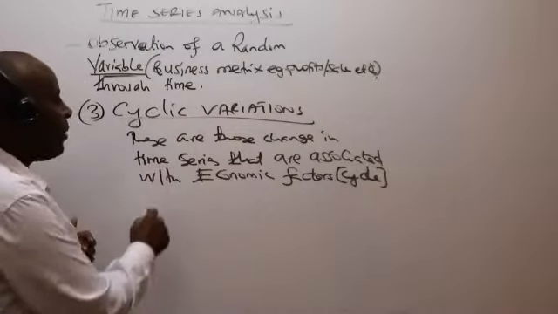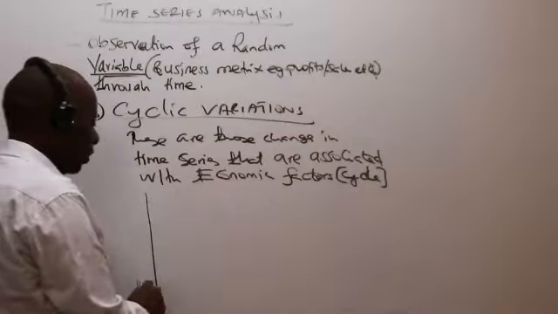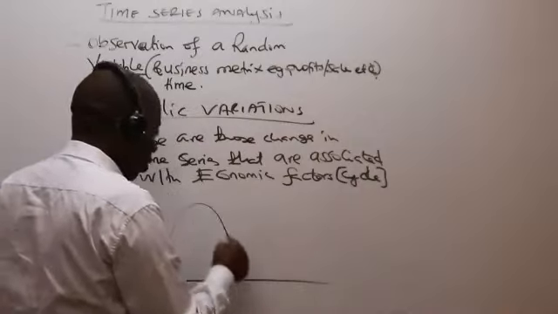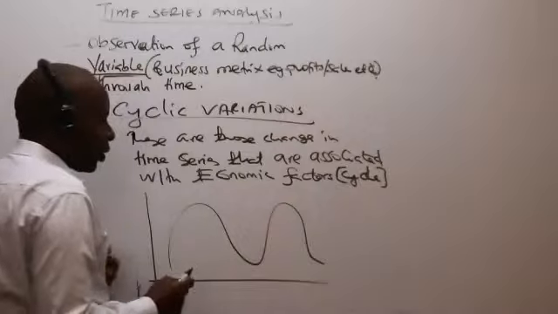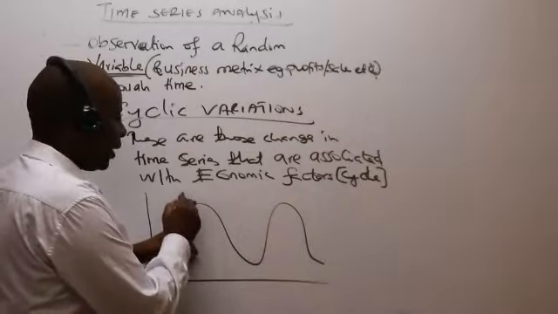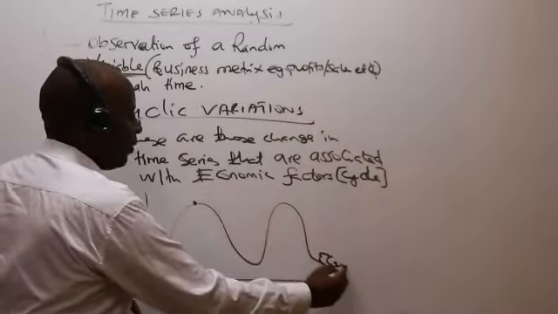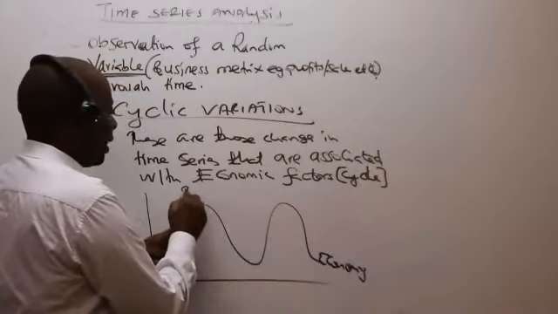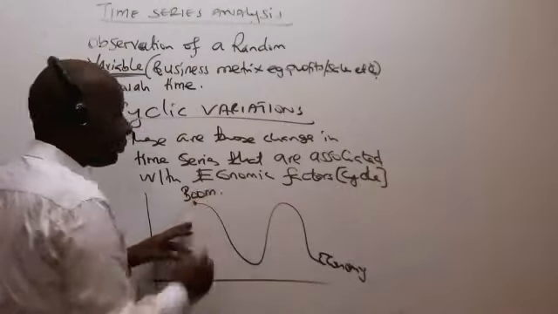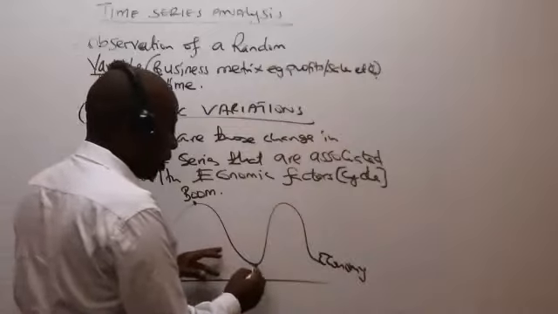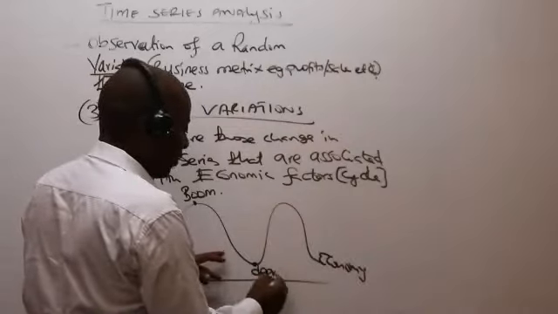Ladies and gentlemen, remember our economic time cycle. Our economic time cycle will always move like this. So we'll be having what we call up here the economy. If this is our economy, we'll be having what we call the boom. Of course, we'll be having what we call depression there.